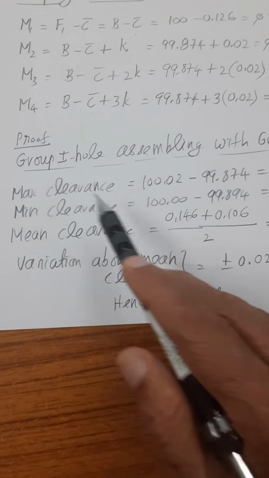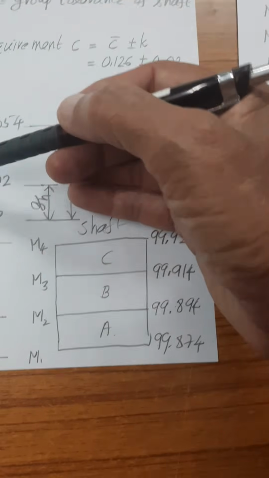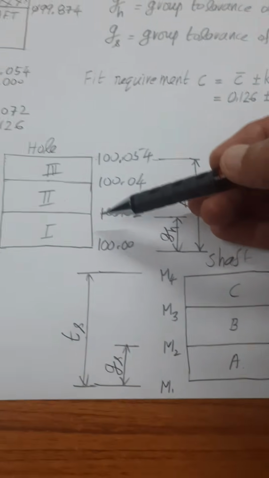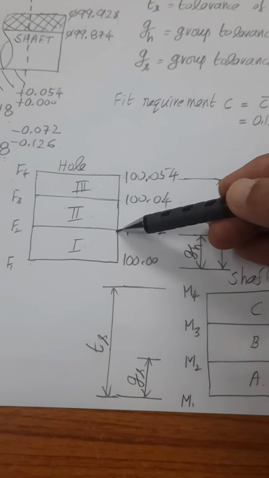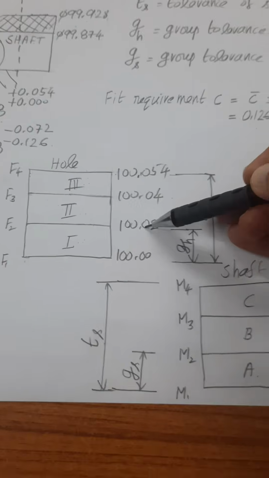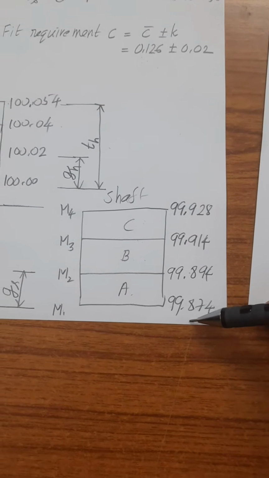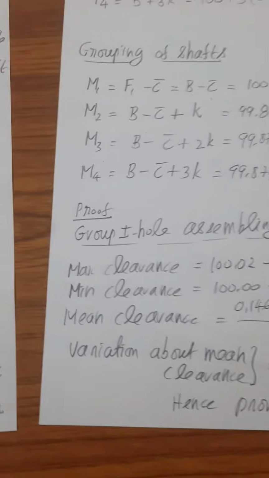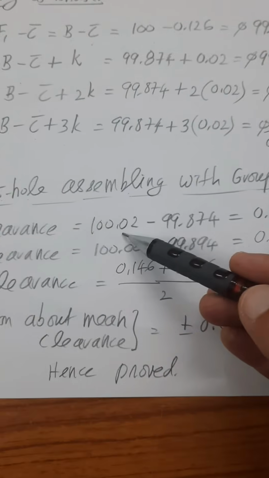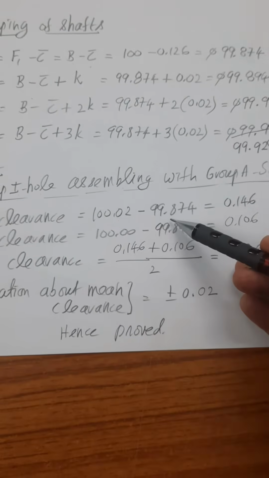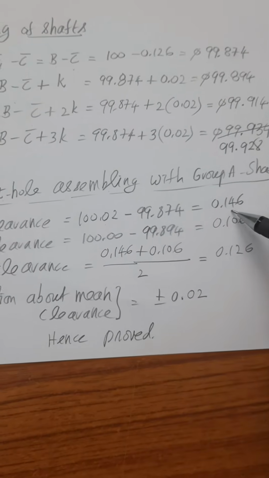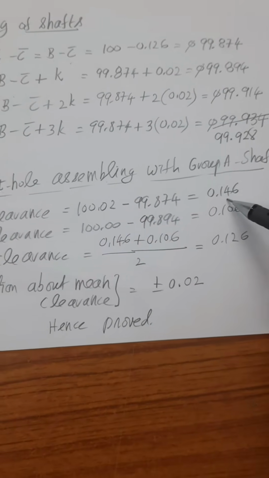What is the maximum clearance I will get? Take the biggest hole of group 1, 100.02, and assemble it with the smallest size of the shaft, 19.874. So 100.02 minus 19.874, I am getting a maximum clearance of 0.146.